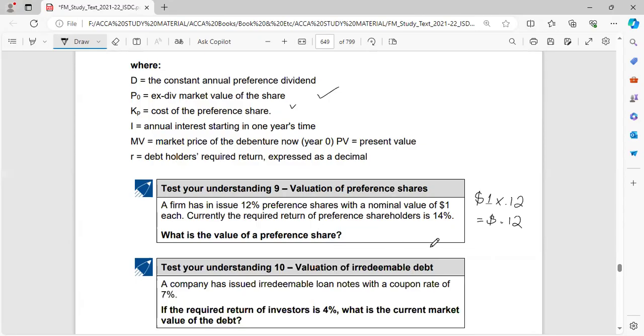Currently, the required rate of preference share is 14%. 0.12 divided by 0.14. Market value is 0.85.